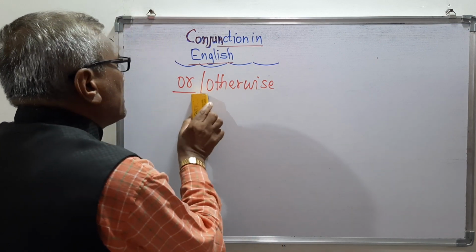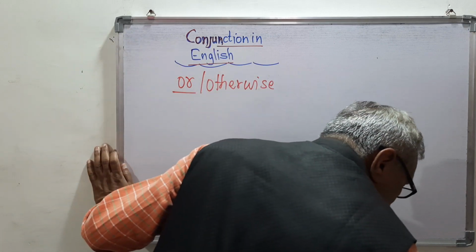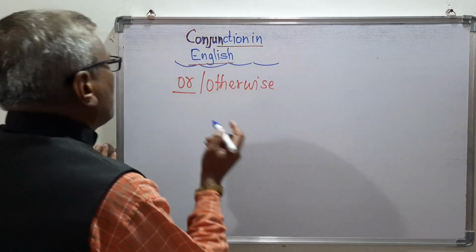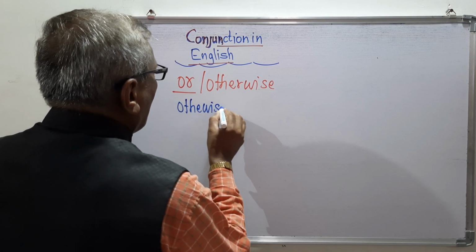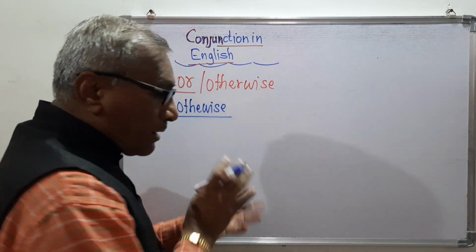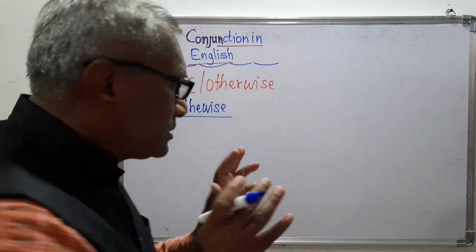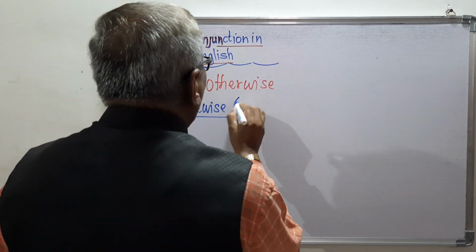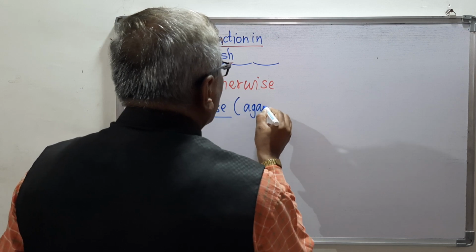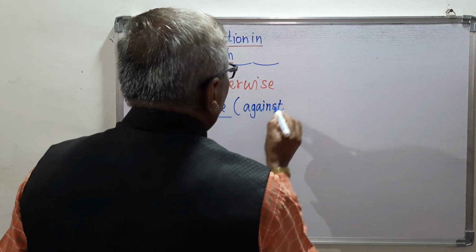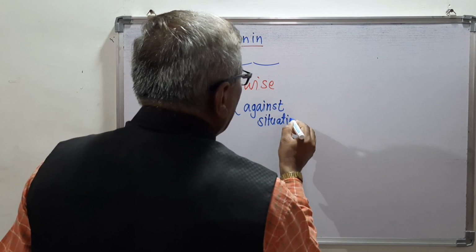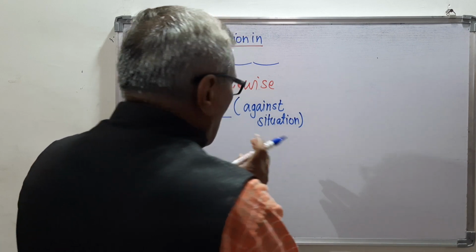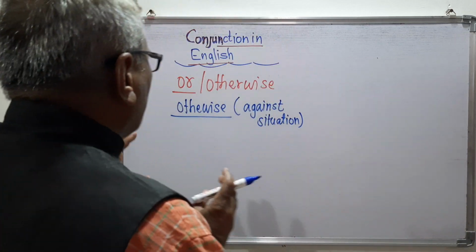The second conjunction is the conjunction otherwise. Remember, what is otherwise? Otherwise means this shows against situation. This conjunction shows against situation, meaning opposite situation is being shown by this conjunction.